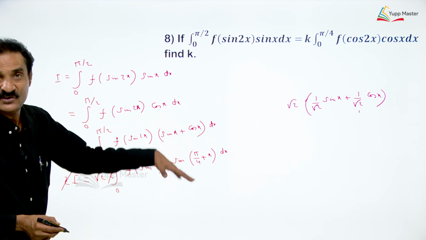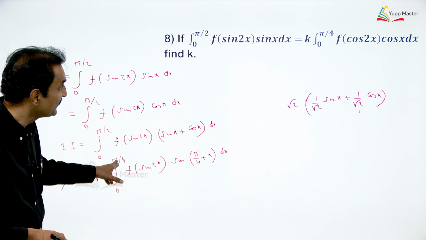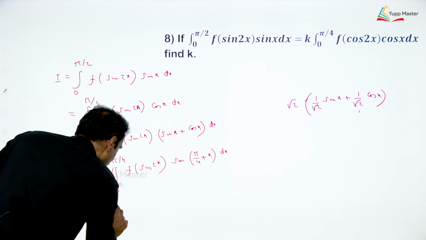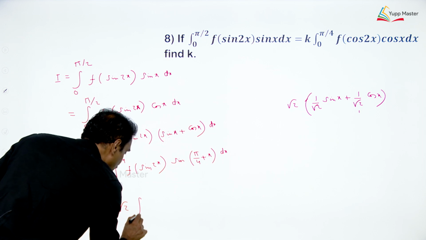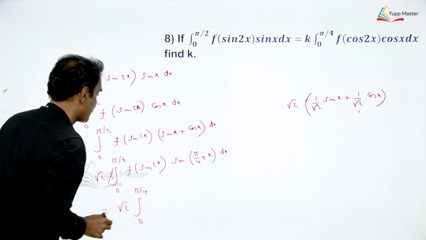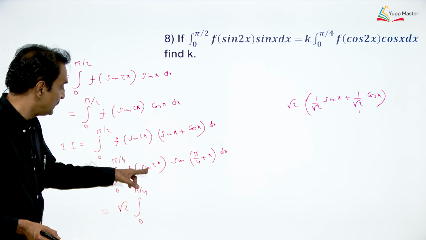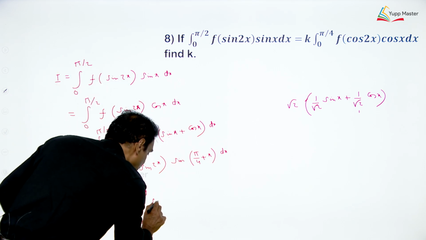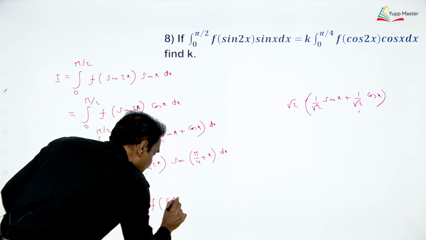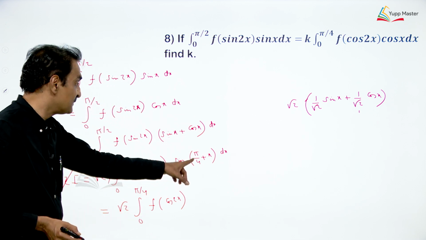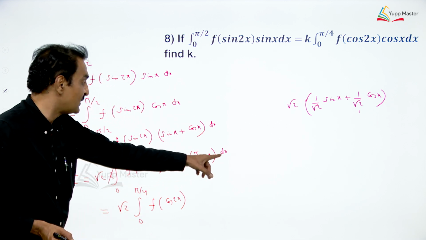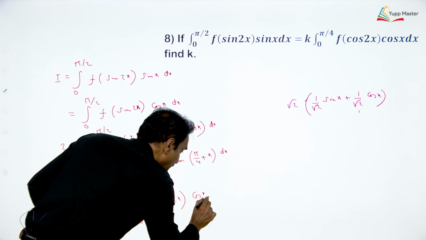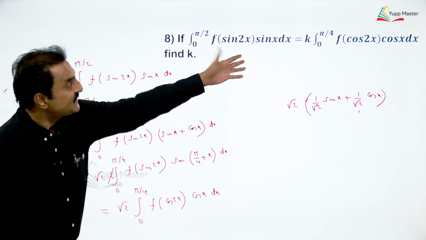Now, again use the property, replace x by pi by 4 minus x. Then what will we get? Root 2 into integral 0 to pi by 4, replacing x by pi by 4 minus x, this becomes cos 2x. f of cos 2x into, this becomes sin of pi by 4 plus pi by 4 minus x, that means sin pi by 2 minus x, it is cos x, which is the RHS.